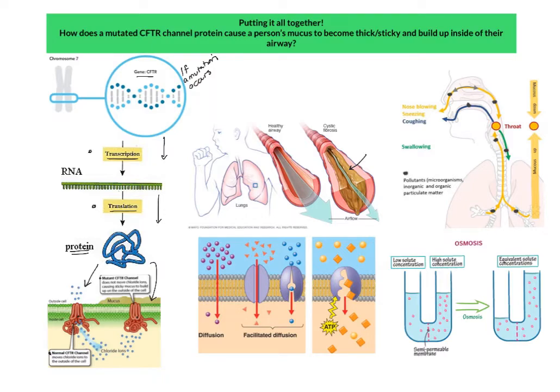Now, the last few assignments, you've learned about 3 other things. If we have a changed CFTR channel protein, how does that lead to this? Well, we started by thinking about what the mucociliary system is.